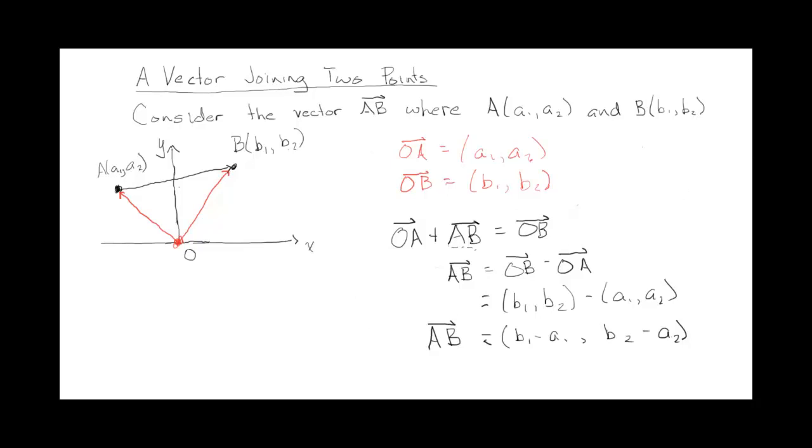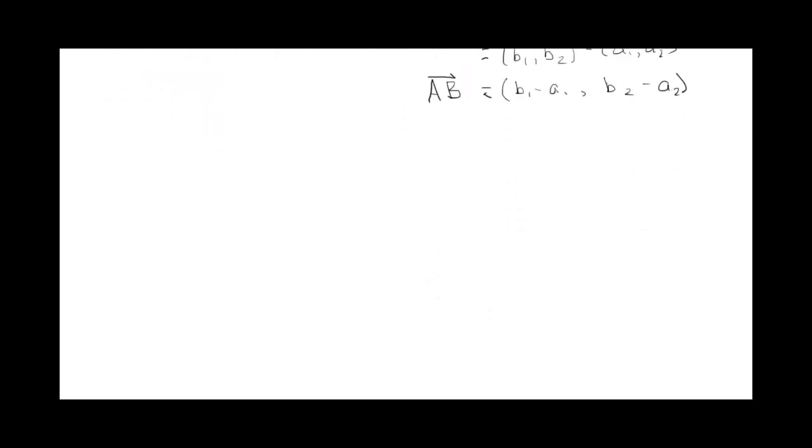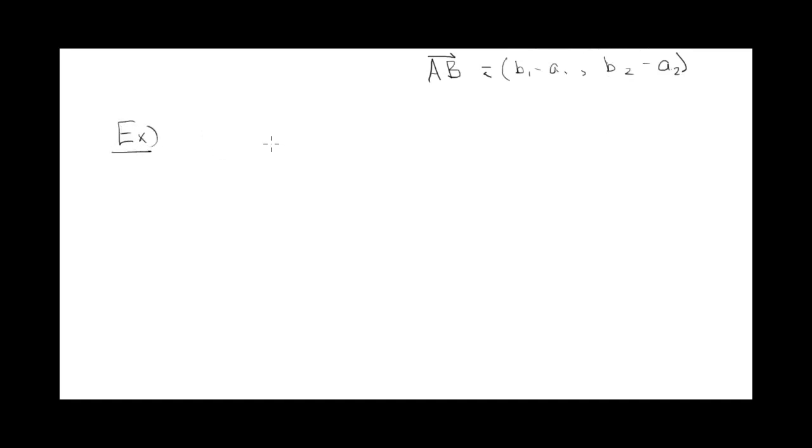So just going to do an example here to kind of illustrate how or why this is the case. So let's consider, let's say A is the point minus 2, 3, and B is the point 2, 5.